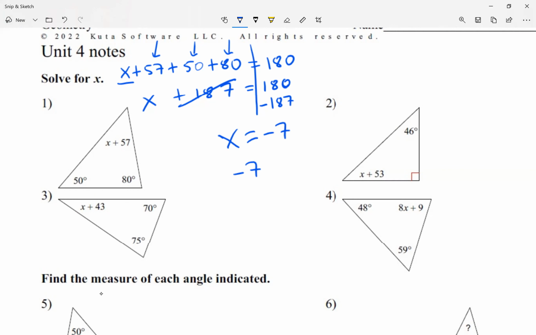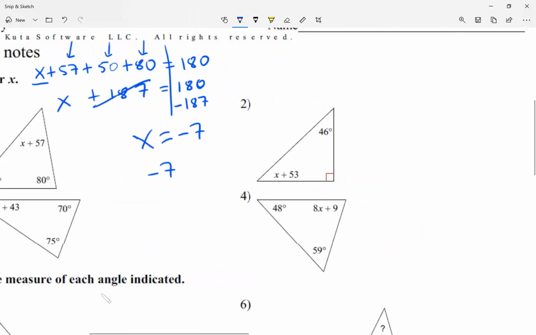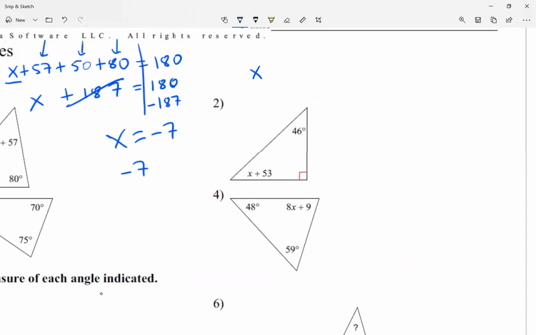All right, that was nice. Question number 2. Let me add everything. I'm going to go x plus 53 plus 46 plus 90. This is equal to 180. That little box represents 90. Even though I don't see a number, every time I see a box for the corner, that's how we represent 90.